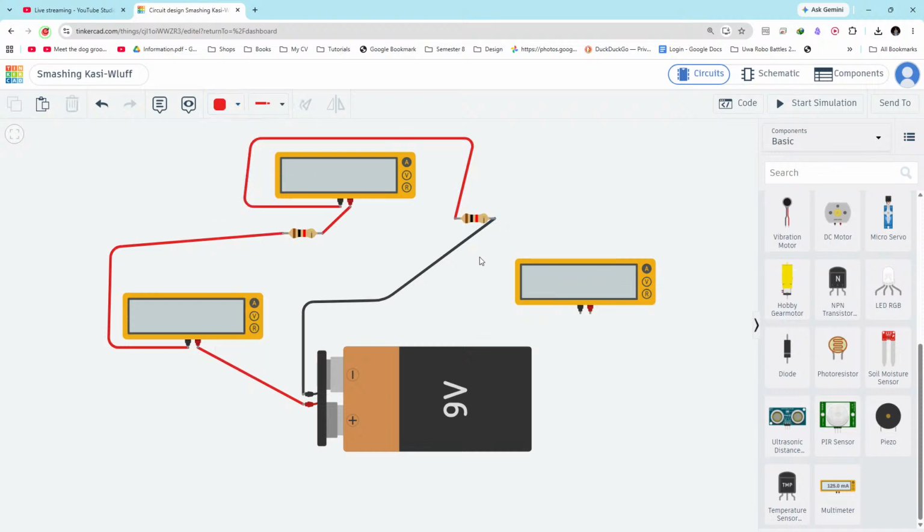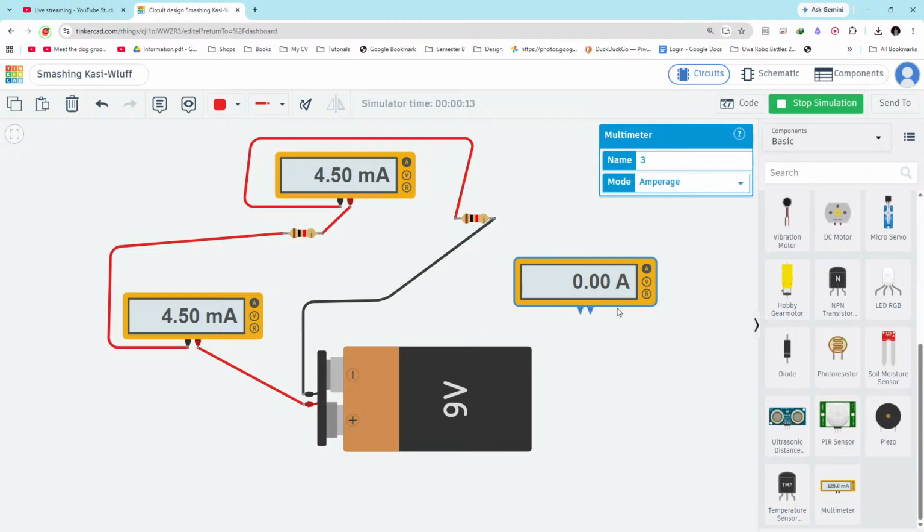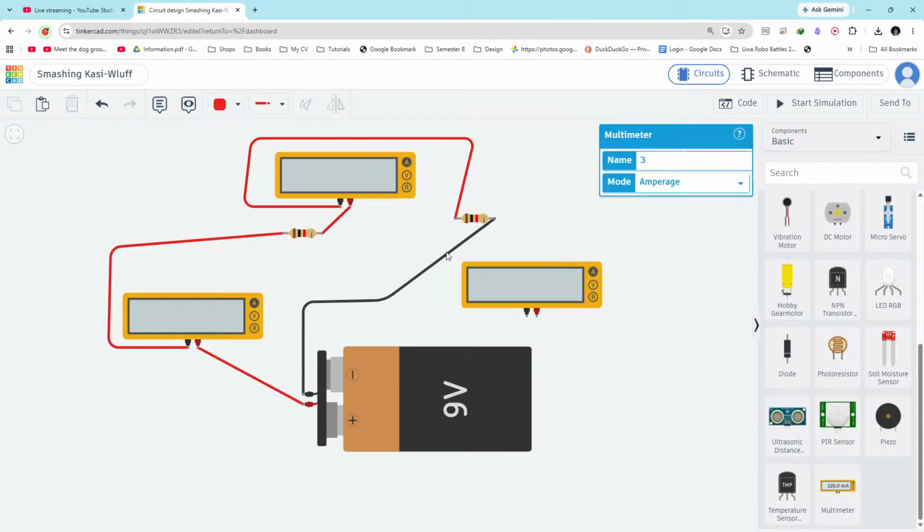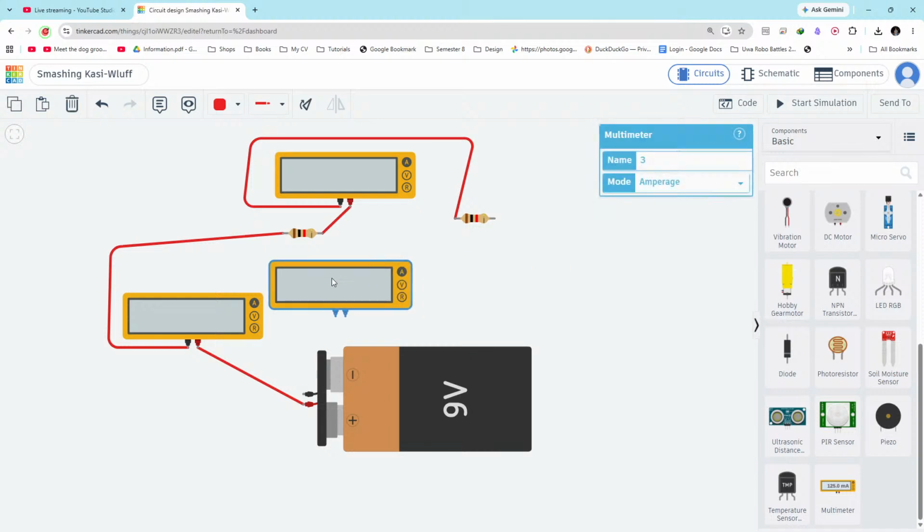It's the same current. All right, so let's run this simulation. So as you can see, right, both the readings are the same. So irrespective of the point where we insert the ammeter, the current remains the same. Can you see? It's the same current. Even if we add this ammeter somewhere here, it should still show us the same value. So that's why we say that the current is the same throughout the circuit, right?